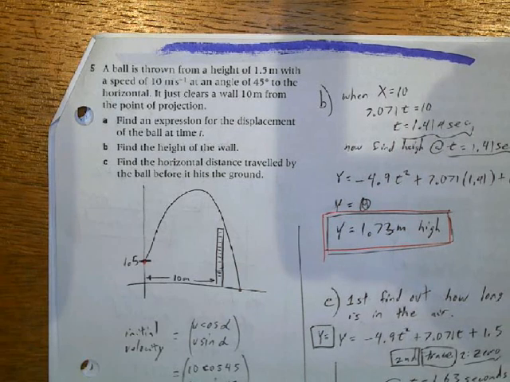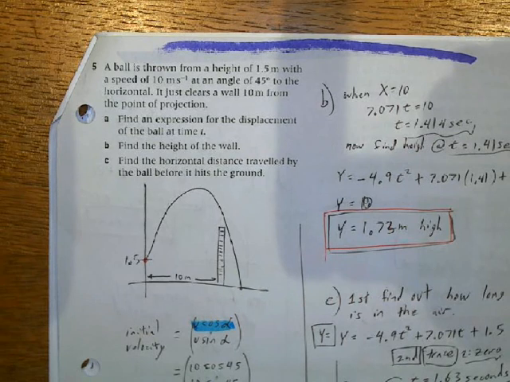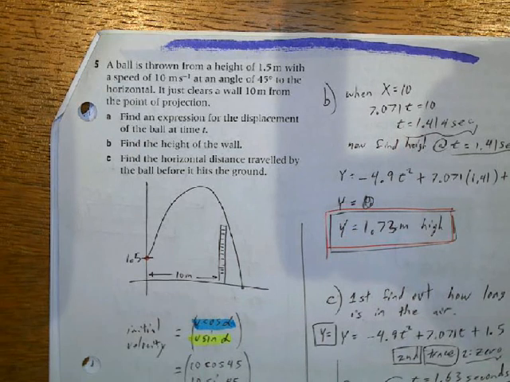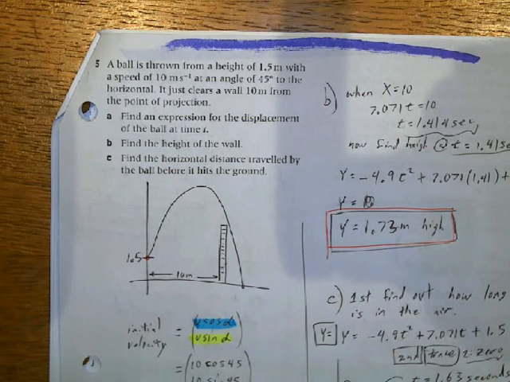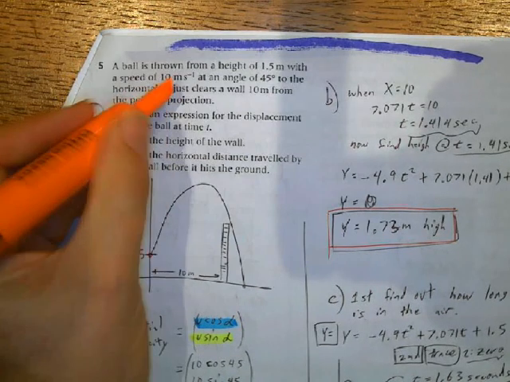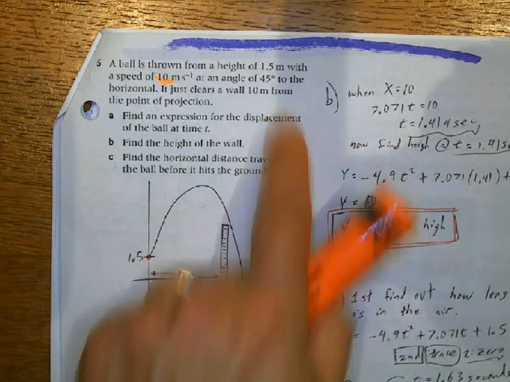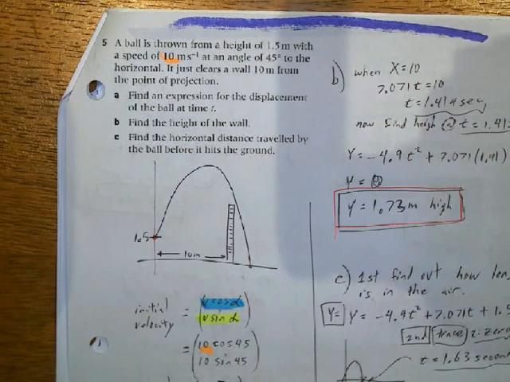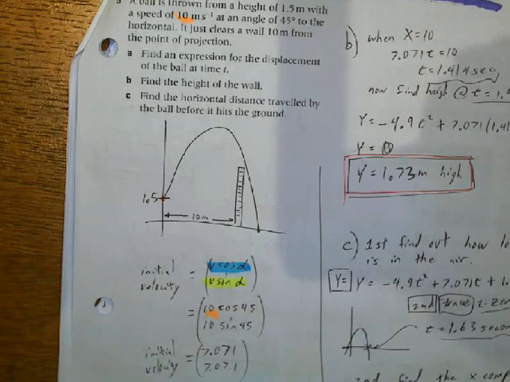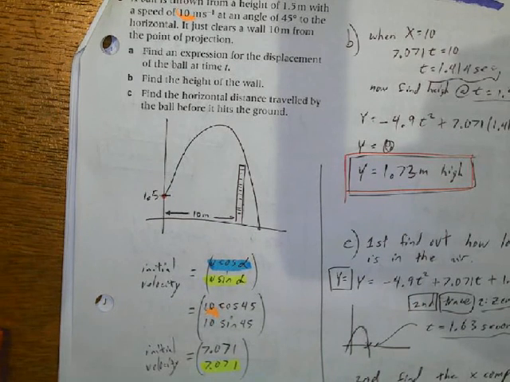Initially we know it's u cosine alpha and u sine alpha, and we know that u is 10. Right, we start off with 10, and our angle is 45 degrees. So I do 10 cosine 45 and 10 sine 45, and then we get these values for my initial velocity.